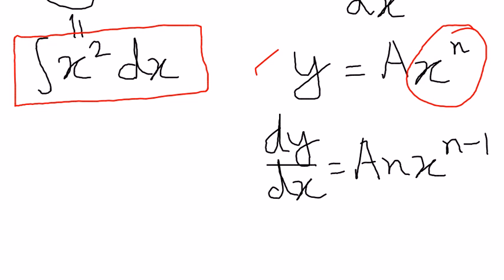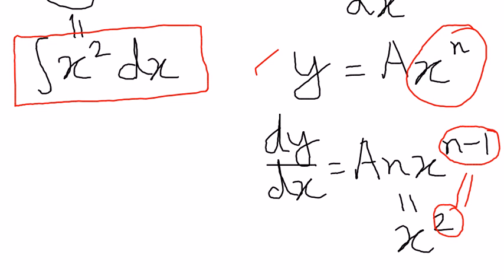Okay, so now what do we have? Now we know that a n x to the n minus 1 is equal to x squared. So what does that mean? It means that n minus 1 is the same as 2, and also a n should be equal to 1, because this is really 1 times x squared.